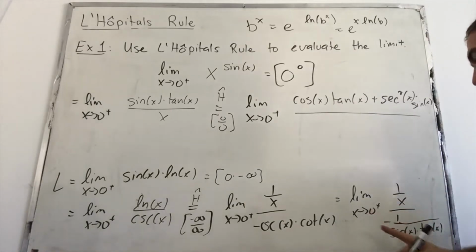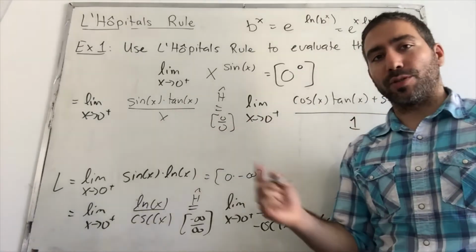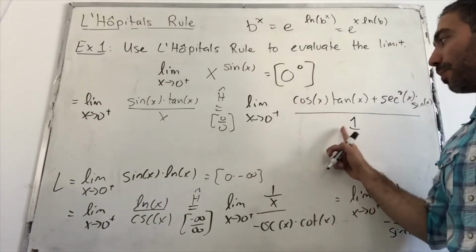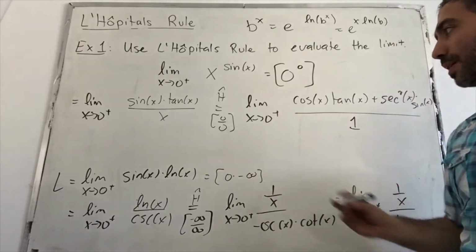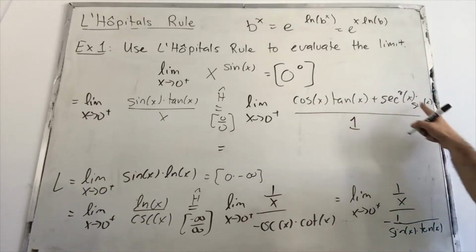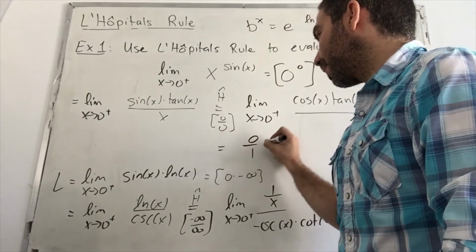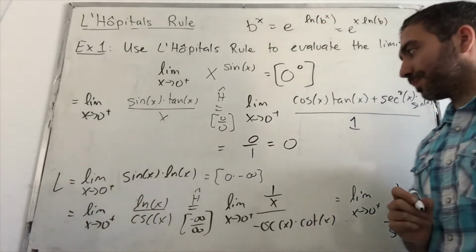All this over derivative of x, which is 1. So that's reassuring, because now we know we won't get an indeterminate form because the denominator is 1. So whatever we get on top is our answer. So substituting with 0, we get tan of 0, sine of 0, the whole top is 0. So we get 0 over 1, which is equal to 0.